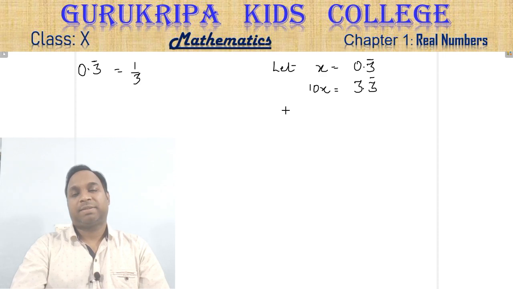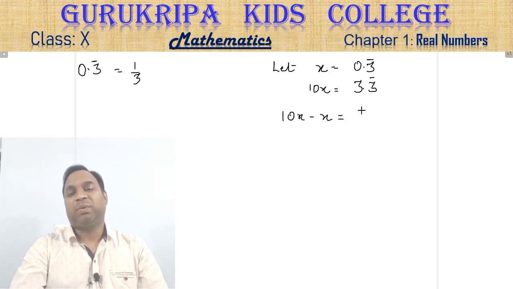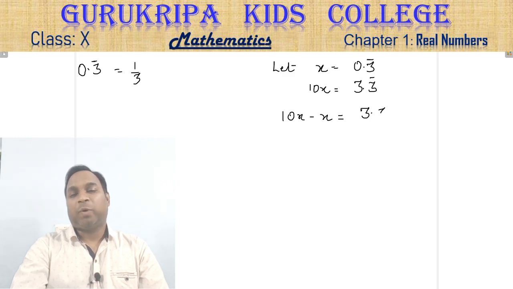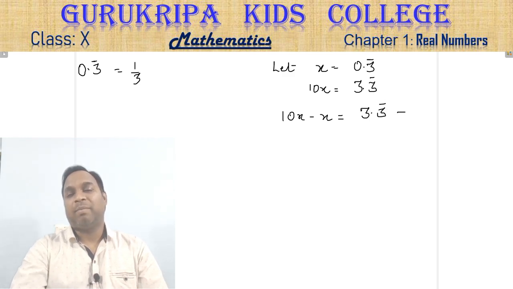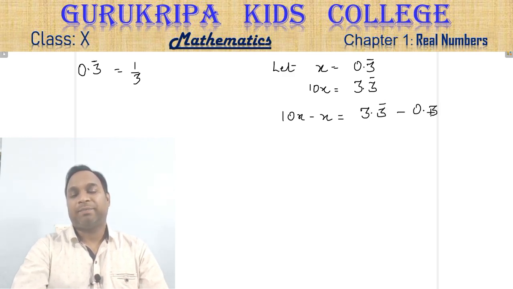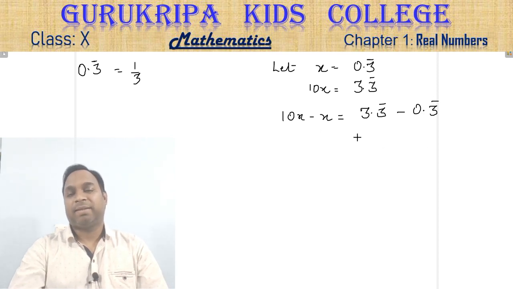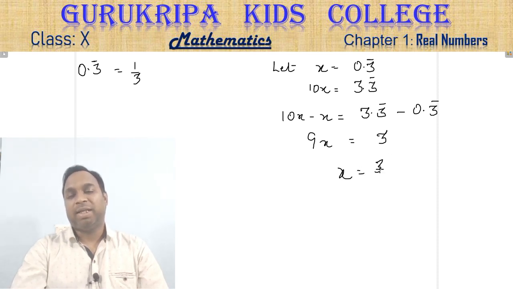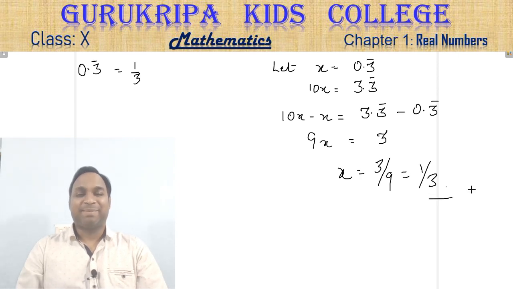Now subtract this. 10x minus x will be equal to 3.3, 3 is repeating here, minus 0.3, again 3 is repeating here. What do you get? 3. 9x is equal to 3 because 3 is repeating here also and here also, the 3 will cancel out. So what do you get? x is equal to 3 upon 9, that is equal to 1 by 3. Simple enough.